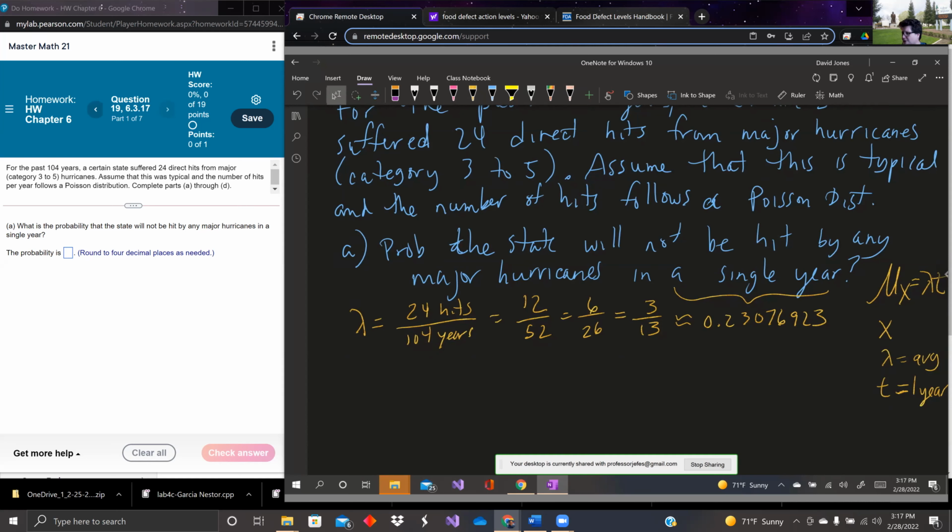So I need lambda, or I need the mean. Mean is lambda times T, which is just that times 1. So it's just that same value, 0.230766923. And now I need to know what X is. The state will not be hit by any major hurricanes. What should I say X equals here?